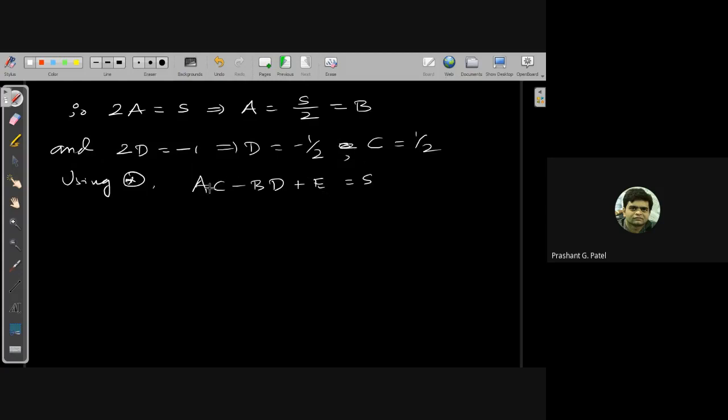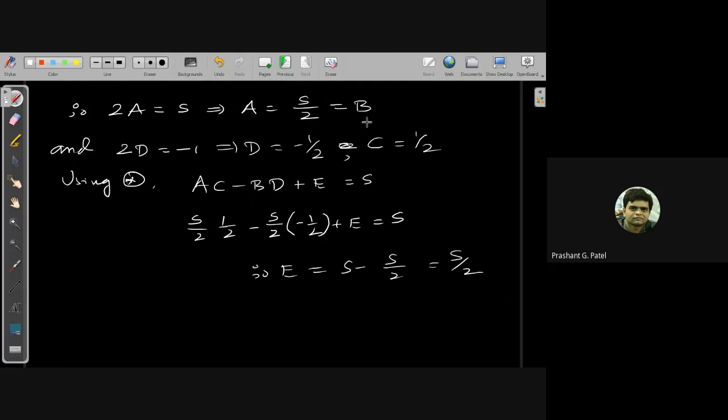So if I substitute A is equal to S by 2, C is 1 by 2, B is S by 2, D is minus 1 by 2, plus E equal to S, this will give me S by 4 plus S by 4. So that is S by 2, and therefore the value of E is S minus S by 2, which will be S by 2.